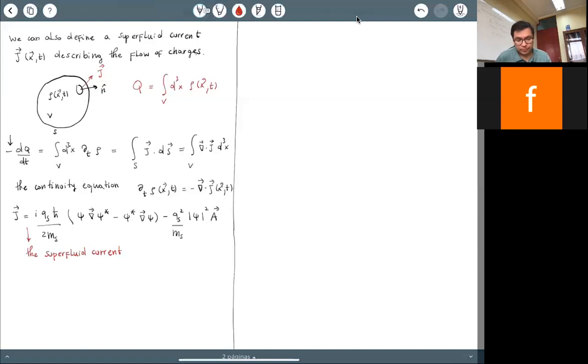Okay. And this superfluid current indeed allows us to explain many effects, such as, for instance, the Meissner-Ochsenfeld effect.